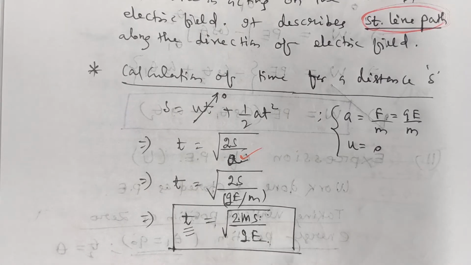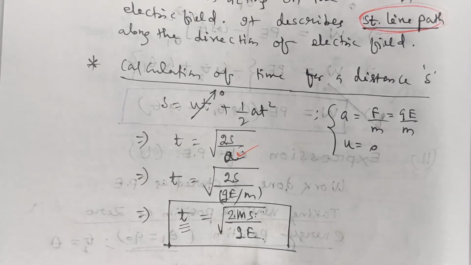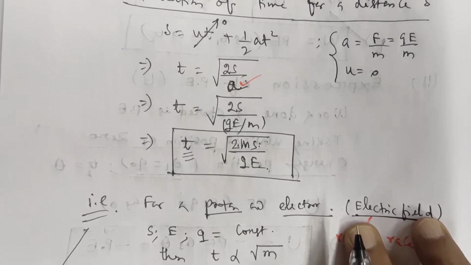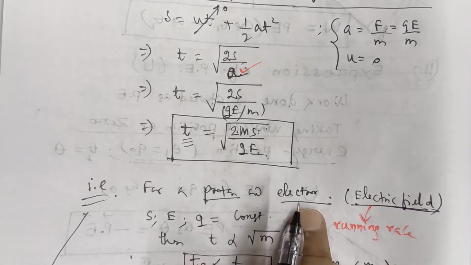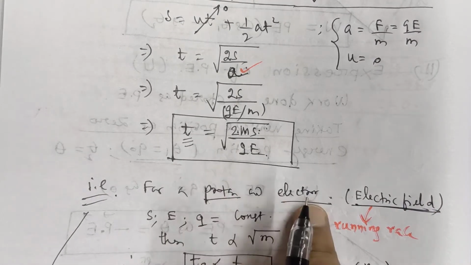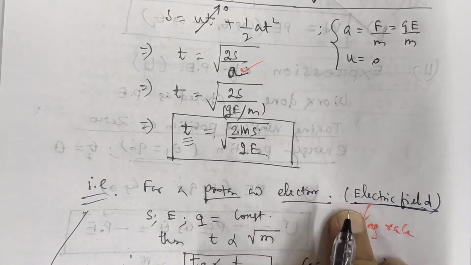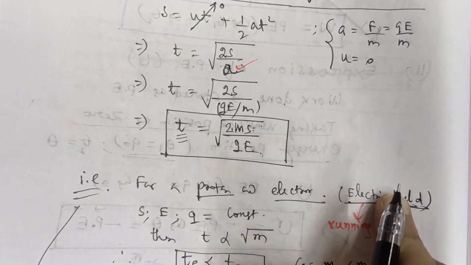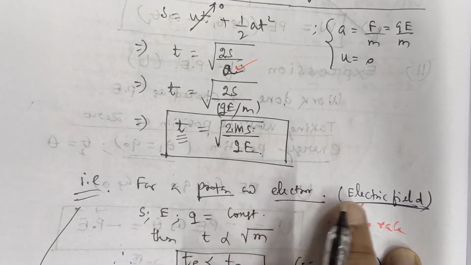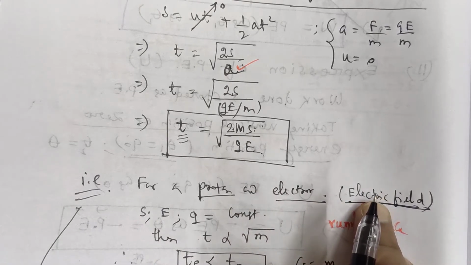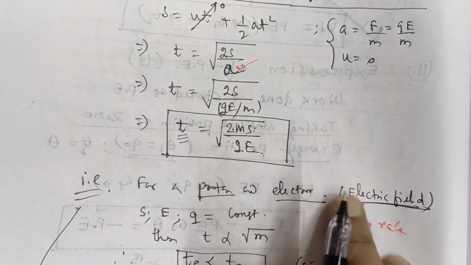Now we use this formula for a problem of a proton and an electron. Both are charged particles, both are at rest, and both are kept in a uniform electric field. They will start to move in the electric field.